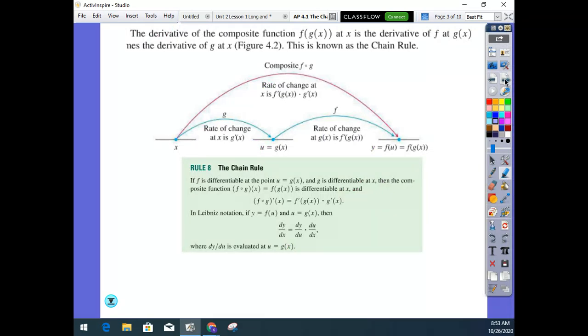All right, so go ahead and copy this down. Your chain rule, this top part's a little extra. If you want to write it down, I've got room for it. Otherwise, just get your chain rule. If you want to pause the video.